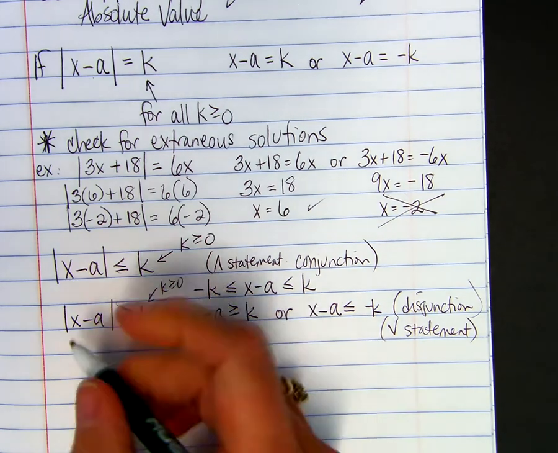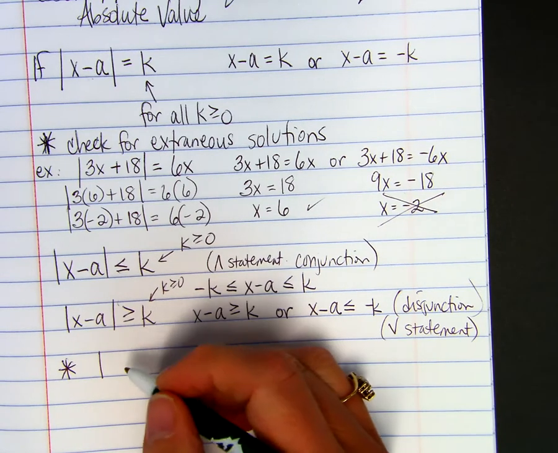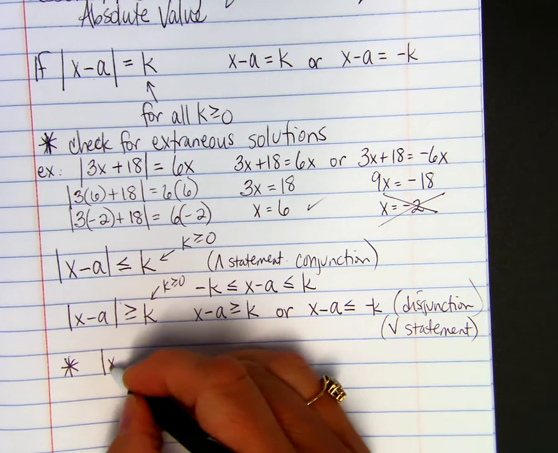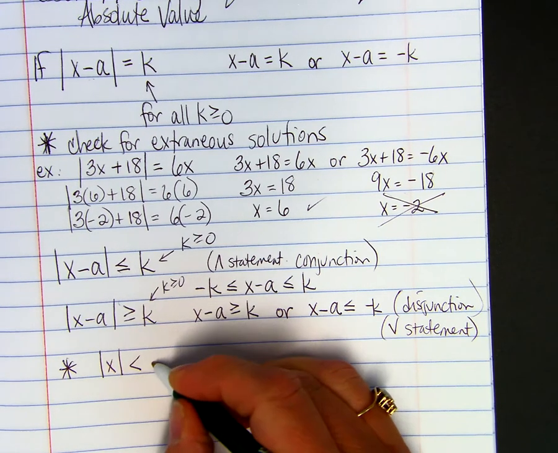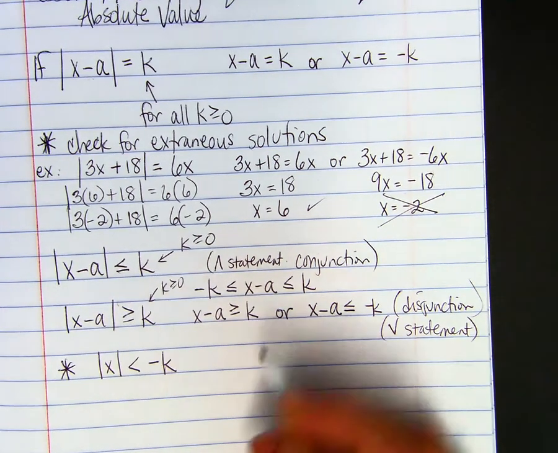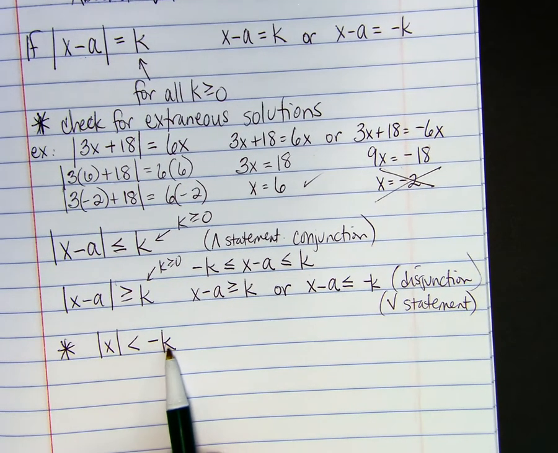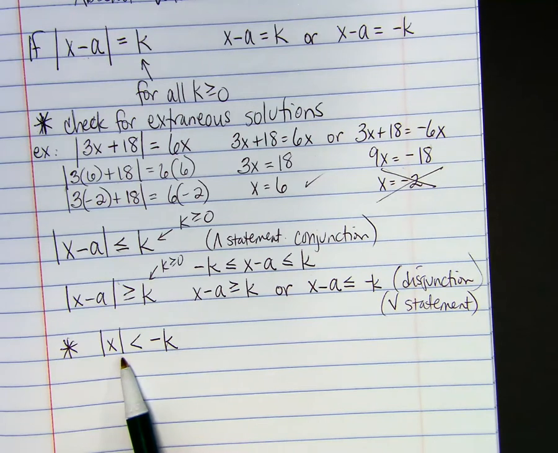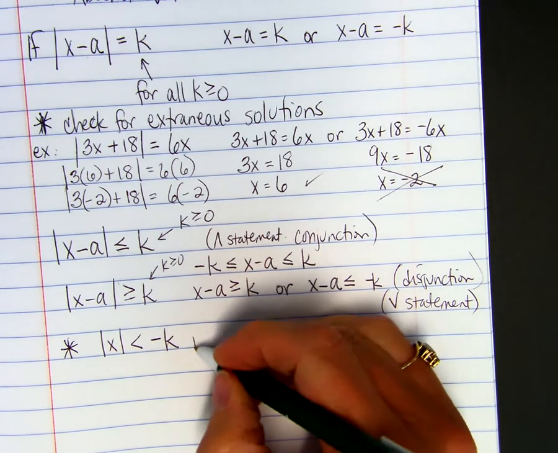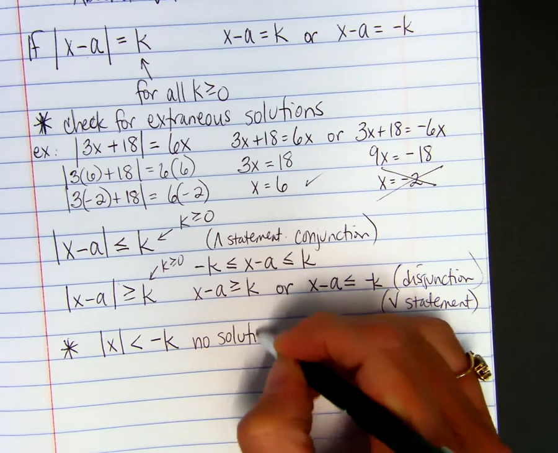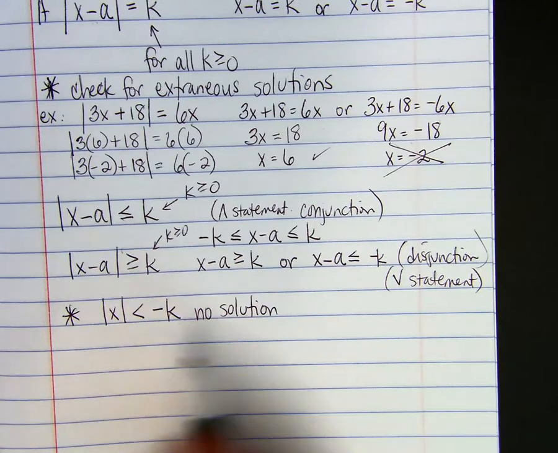Now, some things you want to look for: if you have the absolute value of x is less than a negative k, remember, k is greater than or equal to 0, so if you have the absolute value less than a negative number, then there's no solution, because absolute values are always positive.